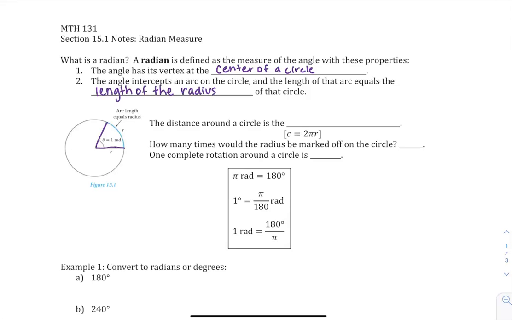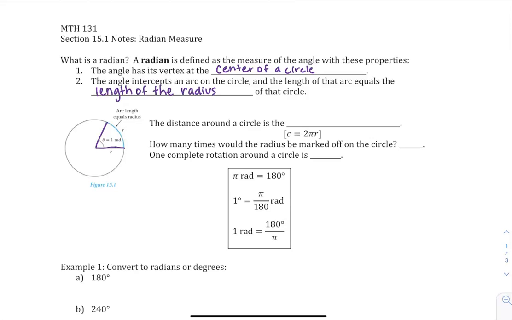So we are talking specifically here about the angle that is formed that intercepts the arc that has a length of 1 radius. If we were together and face to face, what I would have you do is I would give you a circle and I'd have the center marked, and you would take a piece of string and stretch that string from the center of the circle to the edge of the circle. So you have a radius there in your string.